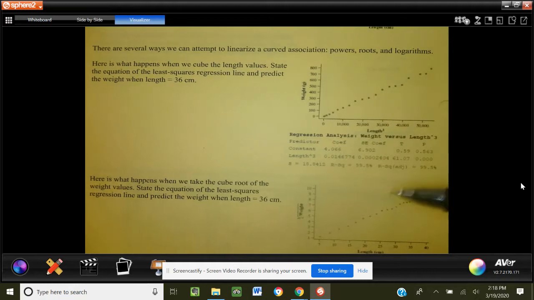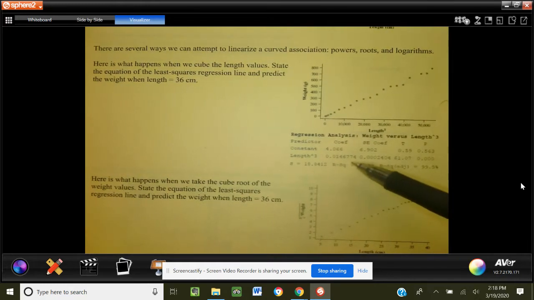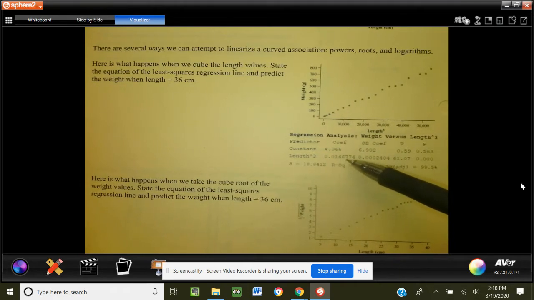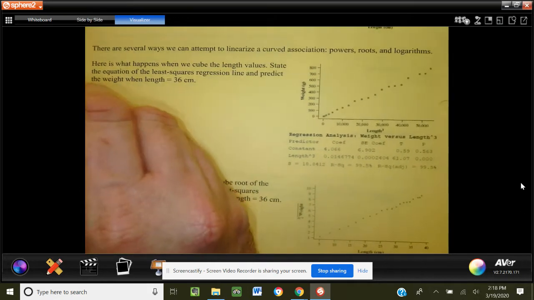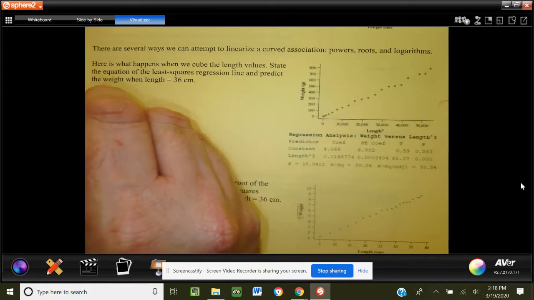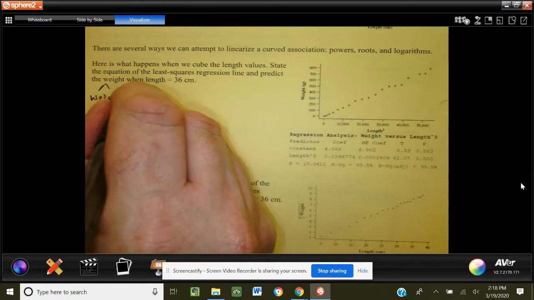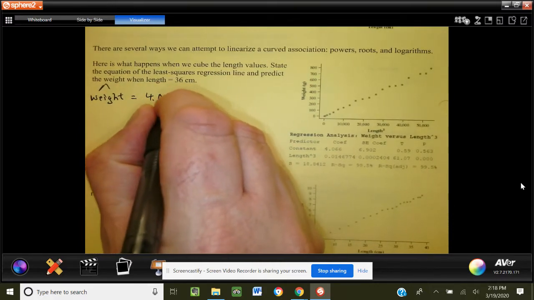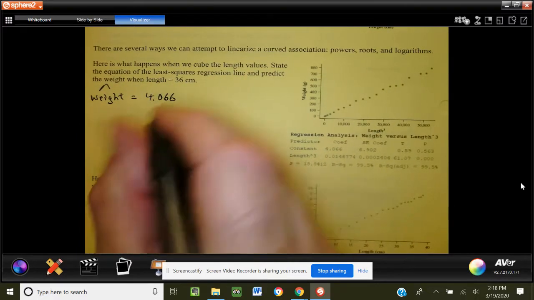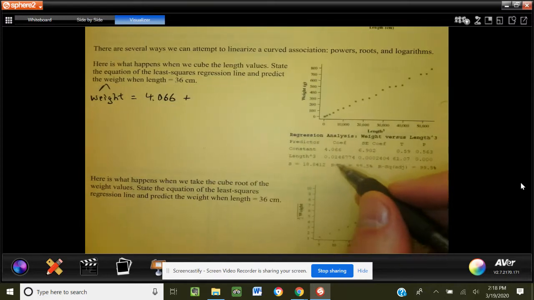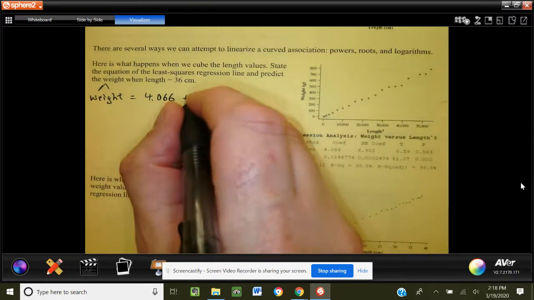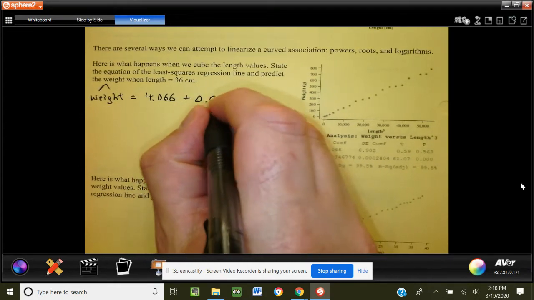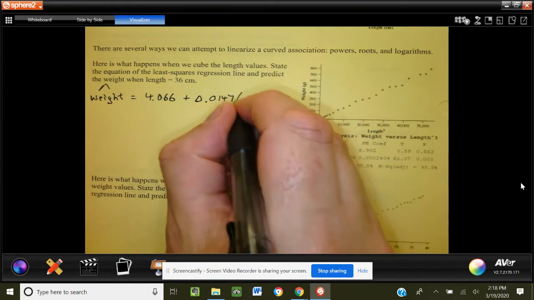We could write a little linear equation, right? Because here's our y-intercept, here's our slope. So we could say the predicted weight is equal to our y-intercept, 4.066, plus, and our slope is right here, 0.014, etc. We'll just round that to maybe 0.0147 times.